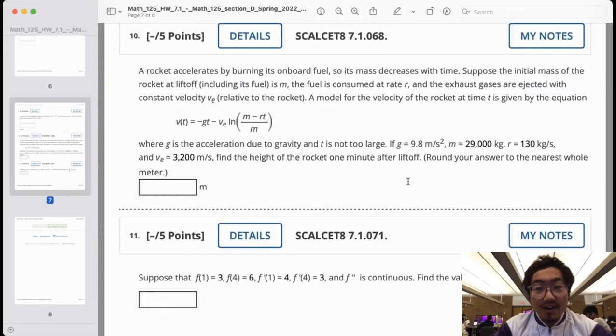I think that is all for the 7.1 homework videos. For integration by parts in general, these are the types of integrals where you must do IBP.